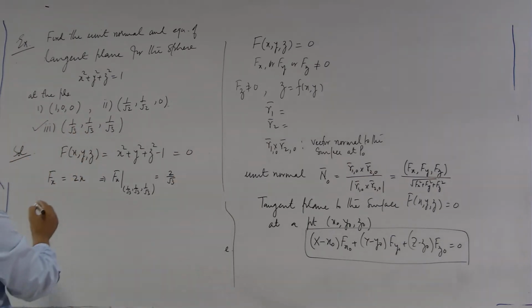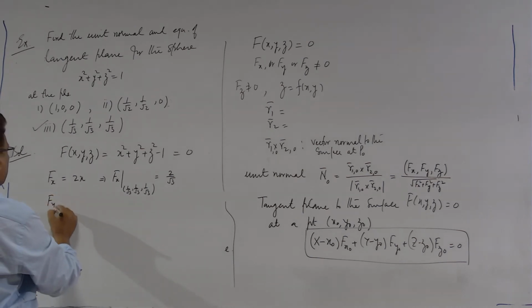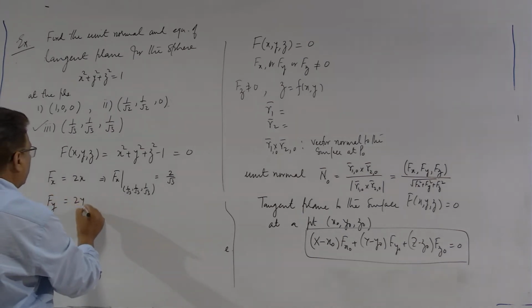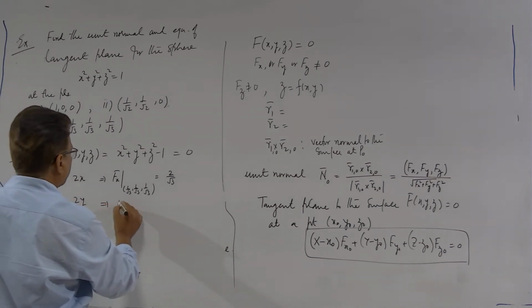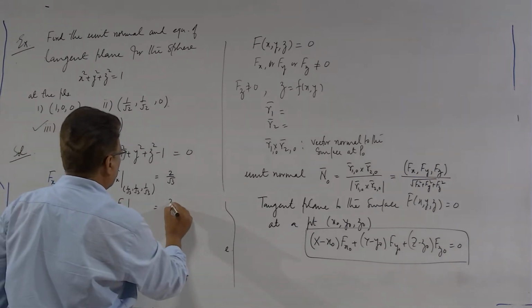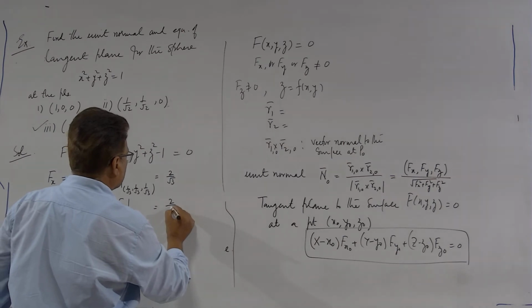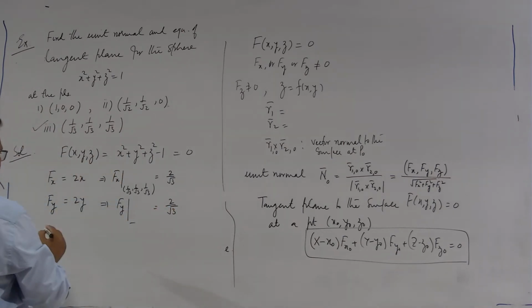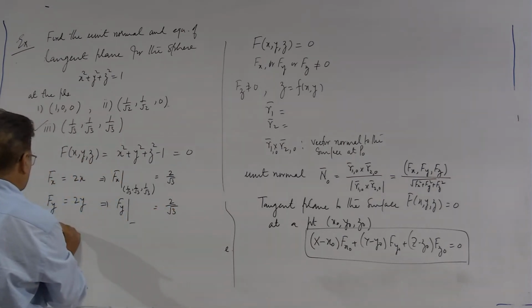Okay. Similarly, f y is 2y, and this means f y at this point will also be 2 upon root 3, and f z will also be 2 upon root 3.